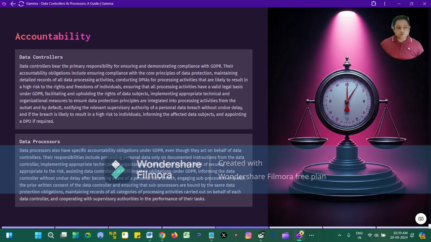Data processors also have specific accountability obligations under GDPR.